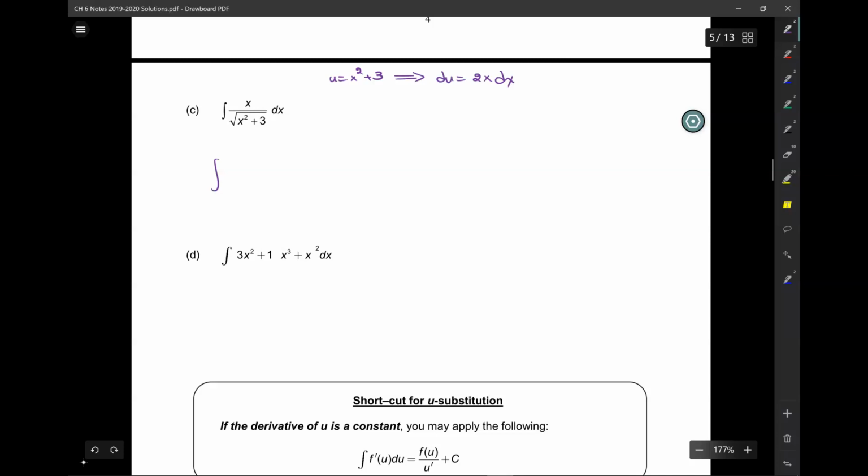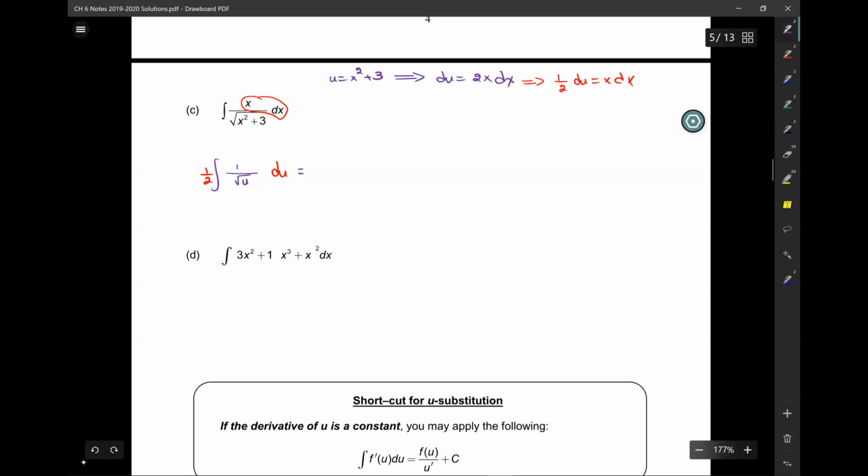I have something like 1 over basically the square root of u, right? And then I have x dx. What is x dx from my u? Half du is x dx. So half du.